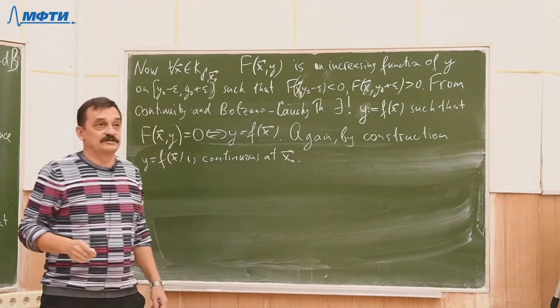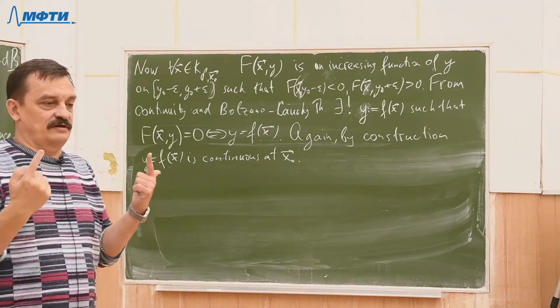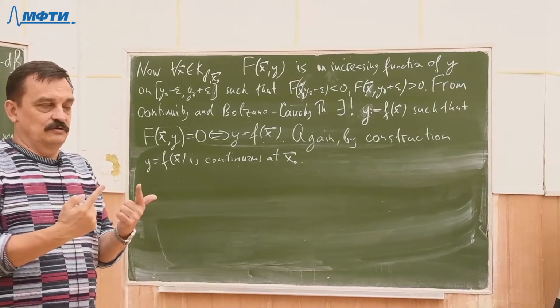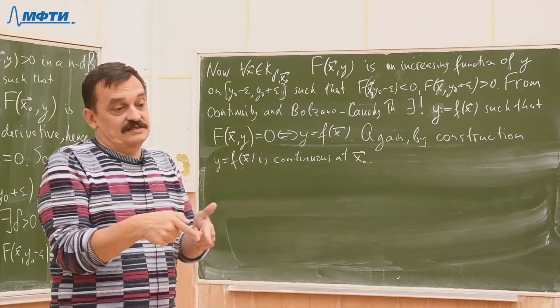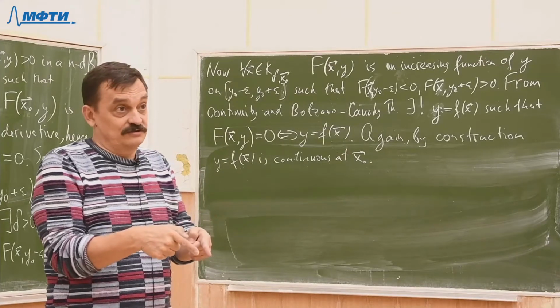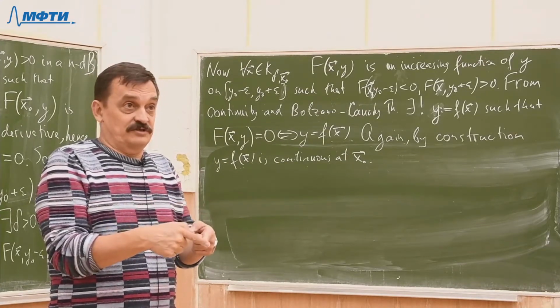Why is it continuous? Because remember what continuous means. For arbitrary epsilon, we should find delta such that when x is sufficiently close, then the y's are also sufficiently close.